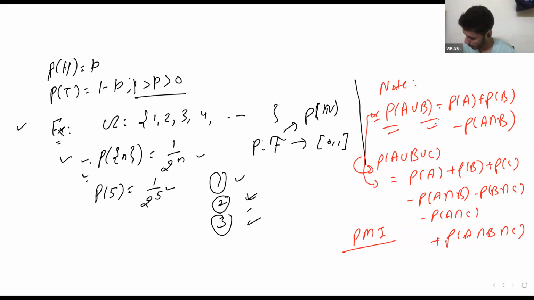Sometimes it happens that when we are performing some experiment, whatever outcome has happened previously will affect the upcoming outcome. For example, if there are three seats in the bus, and A and B are two persons going to take the seats, what is the probability that A will take the first seat?